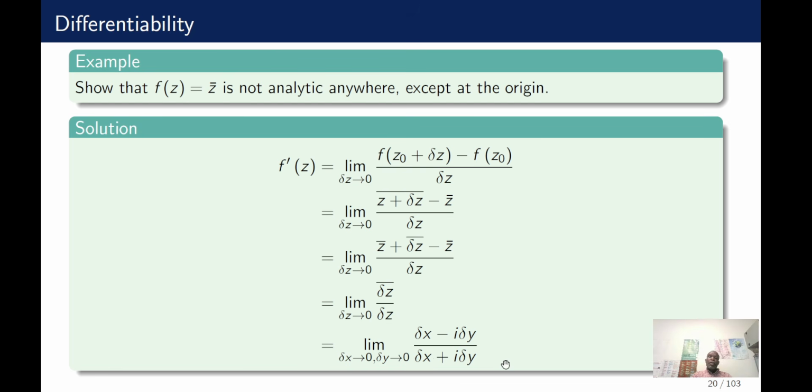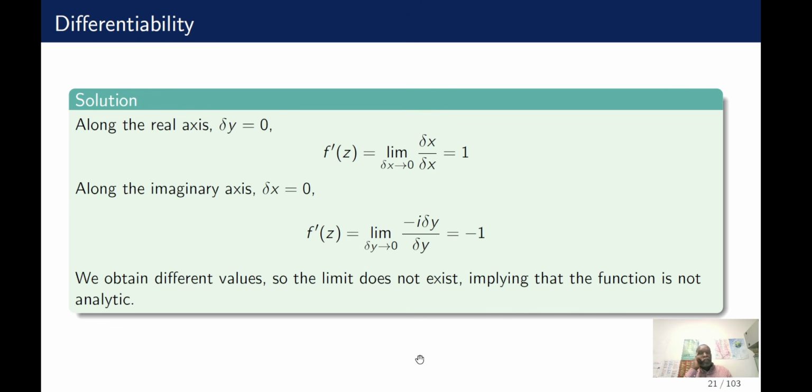So let us now evaluate this. We just want to let delta z go to 0, because that's what it means: delta x will go to 0 and delta y will go to 0. We will now follow what we have been doing for the last few examples.